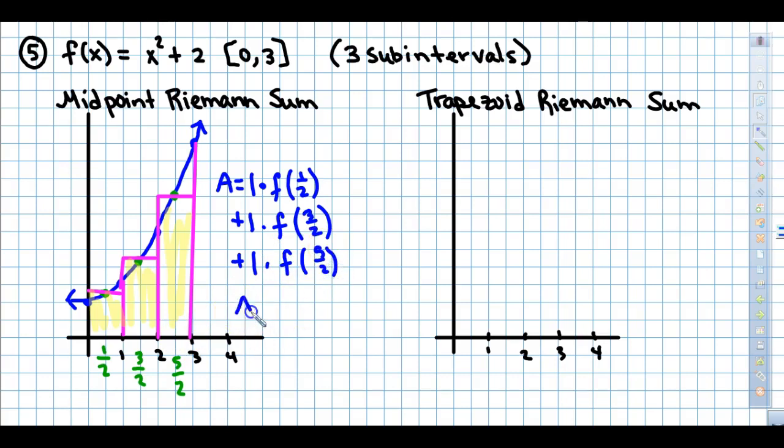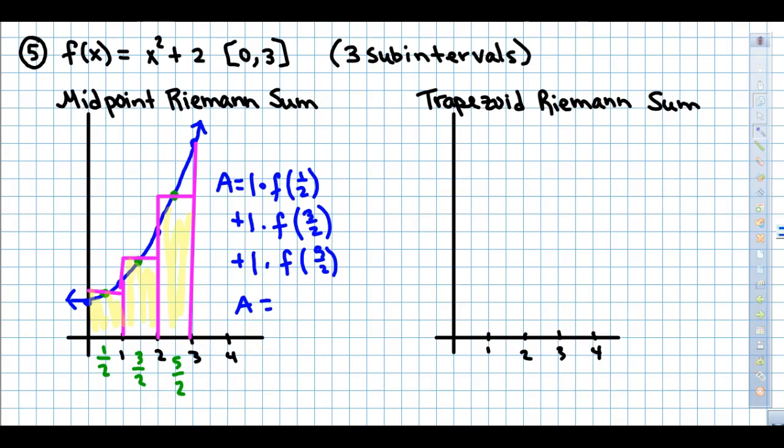Now I know you're looking at that graph and thinking, how am I going to estimate that? Well, you really don't have to. You know the function, so you could just plug in a half, then 3 halves, and then 5 halves. So 1 times f of a half, if I plug in a half right here, I get 2.25.